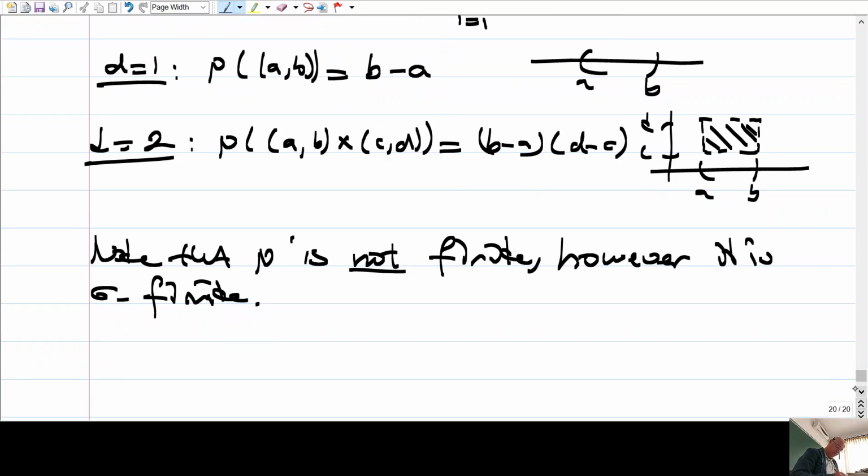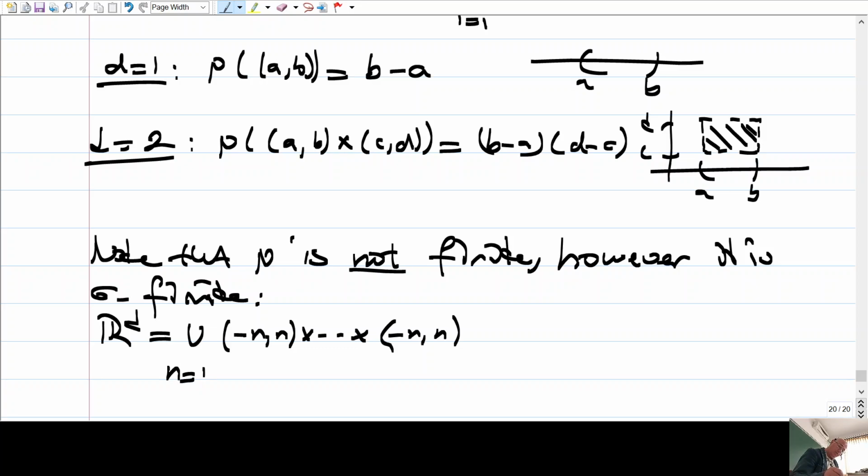Why is that? Well, you can write R to the power d as the union of this kind of intervals, right? Let's say minus n, n to the power d, n from 1 to infinity. I just take boxes of side lengths 2n, and then I let n go to infinity.